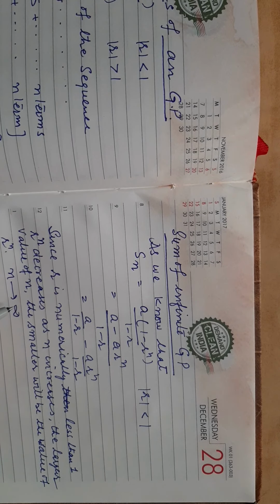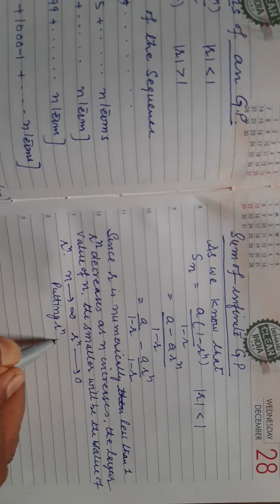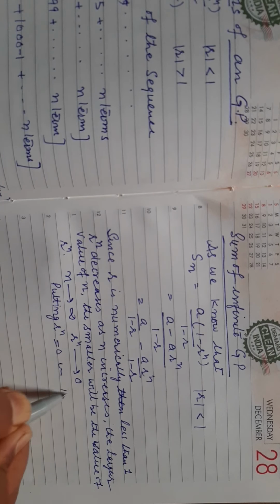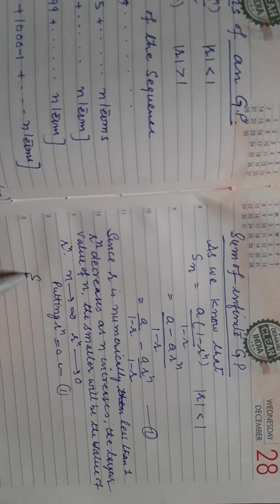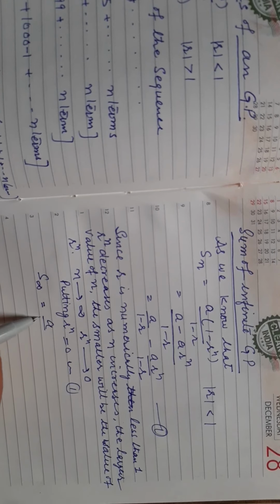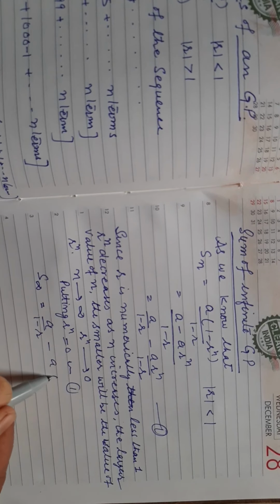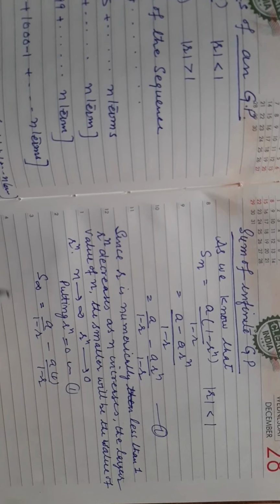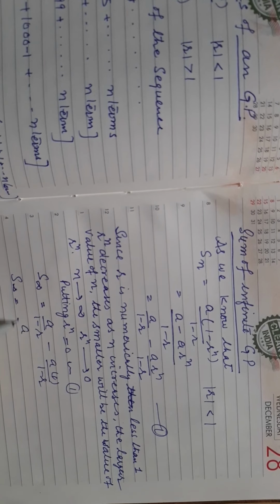So putting r raised to power n equal to 0 in this equation, S infinity is equal to a upon 1 minus r minus a into 0 upon 1 minus r. S infinity is equal to a upon 1 minus r.